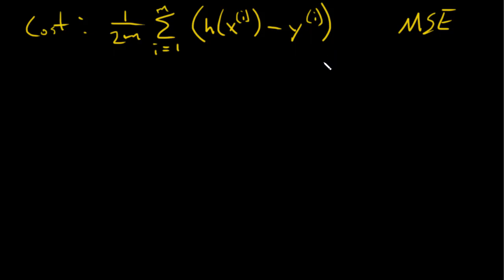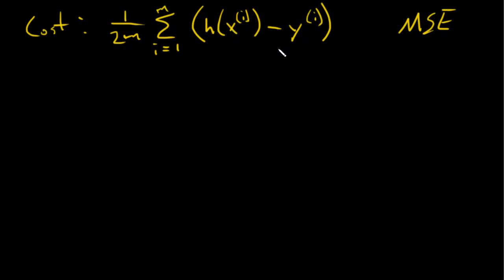Now, what we did with this is we wound up taking the derivative of the cost function in order to use our gradient descent. So it looks like the cost function is a good place to start when we're talking about the logistic regression. But looking at the way the cost function is defined up here, we can already see that it's not going to handle the sigmoid function very well, because what this does is it compares an actual y value to the hypothesized value from the hypothesis function.